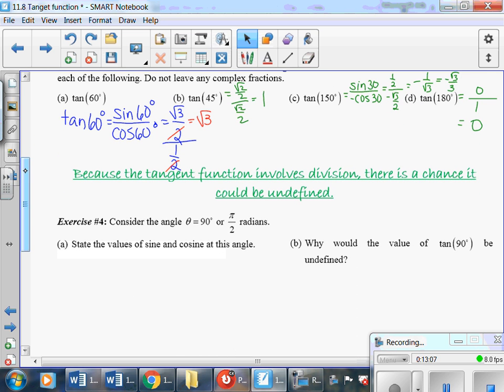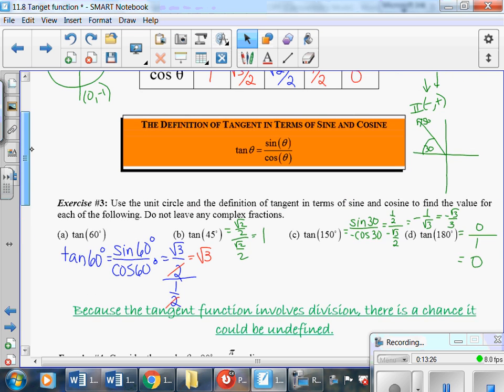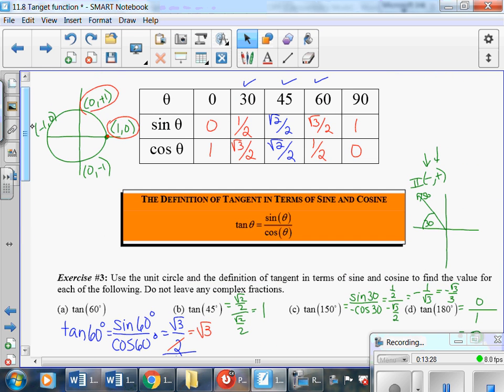Because the tangent function involves division, there is a chance it could be undefined. So consider the angle theta equals 90 degrees, or in radian form, it's pi over 2. State the values of sine and cosine at this angle. Well, we have it up here, so let's slide up. Let's look at our unit circle. 90 degrees.